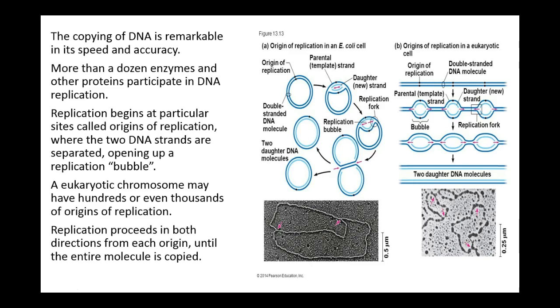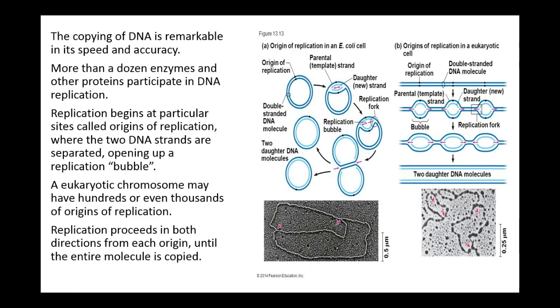What happens in the eukaryotic cells, and you can see images at the bottom, the X-ray image, or at the right, is that the little fuchsia arrows are pointing to bubbles of replication, the origins of replication that have turned into these bubbles because enzymes have separated the nucleotides.